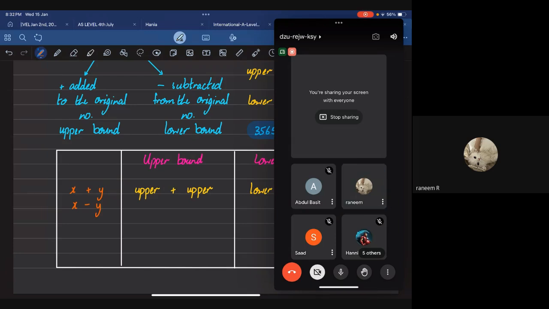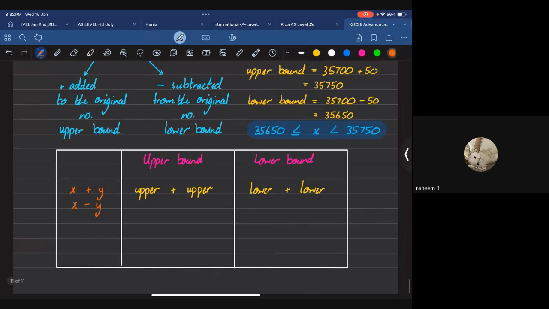No. All right. So, whenever you have x minus y, now if I want to get a larger answer, my final answer needs to be in an upper bound. It needs to be the maximum most answer I can get. That means that I need to subtract x with something less. All right.